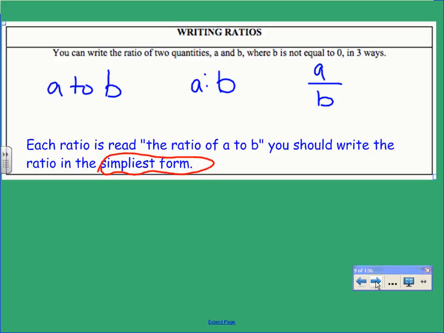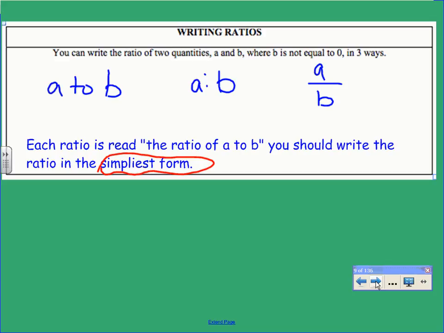One of them is A to B. Another one is A colon B. And the last one is A divided by B, kind of like just writing a fraction. You need to make sure that you're reading the ratios as the ratio of A to B. You should also make sure that your ratio is always completely simplified. That's why Chapter 5 is before this one.